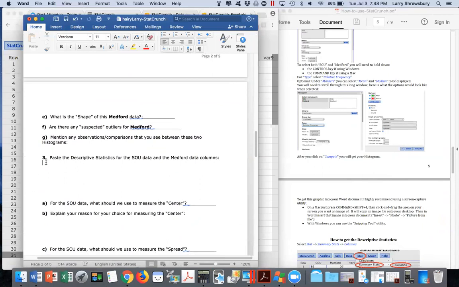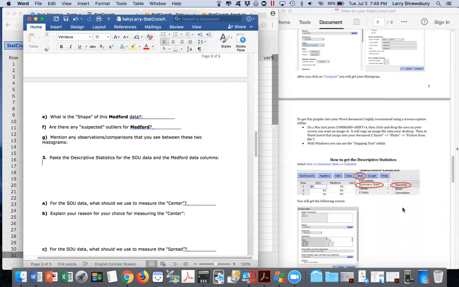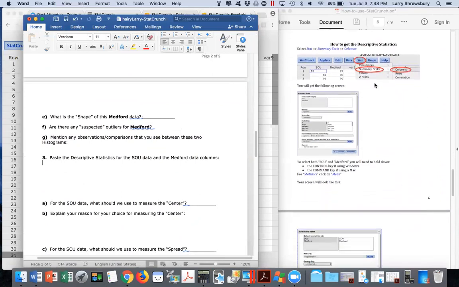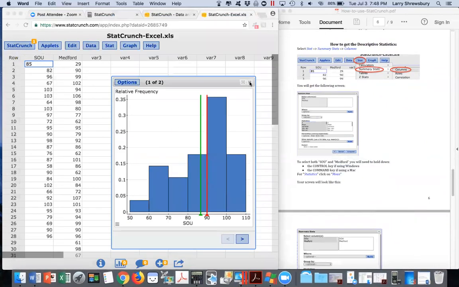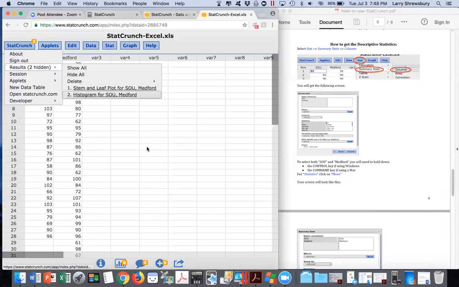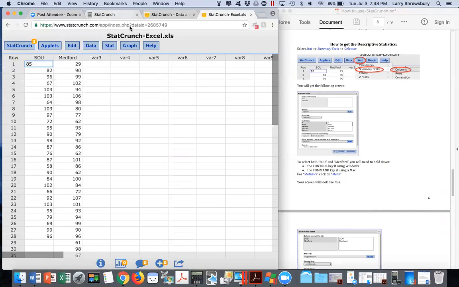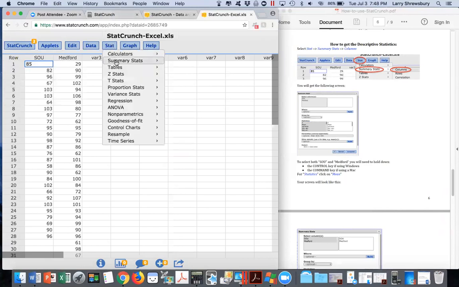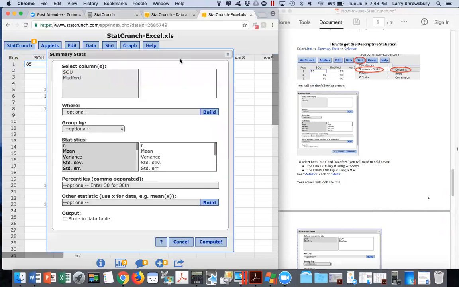Now we want to get the descriptive statistics. And of course, over here, it shows you exactly how to do that. So let's do it. We can go ahead and close that, remembering you can get it back if you want to by clicking here, results, and clicking there. So this time we click on Stat, Summary Stats, Columns.